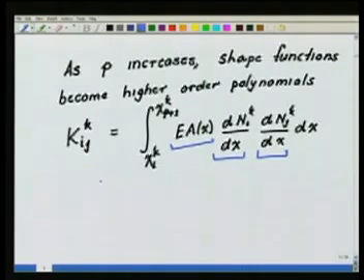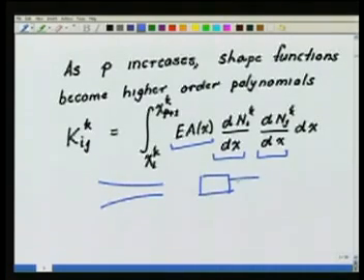It could be coming out of this kind of a profile, or it could be coming out of this kind of a profile, anything. So EA also has a complicated expression, may have, for the problem of interest. So in all these cases, to obtain each entry of the stiffness matrix, we have to do this integration manually.